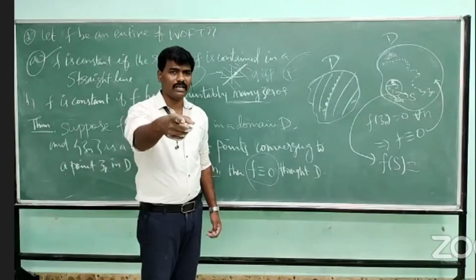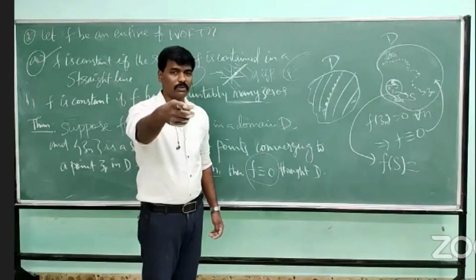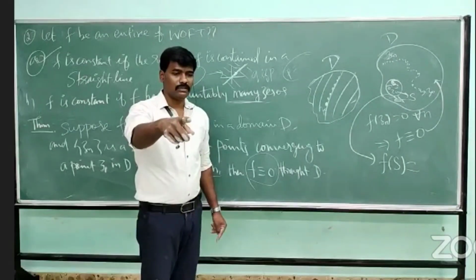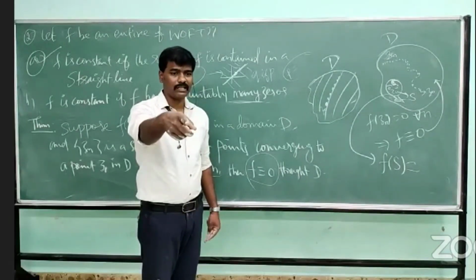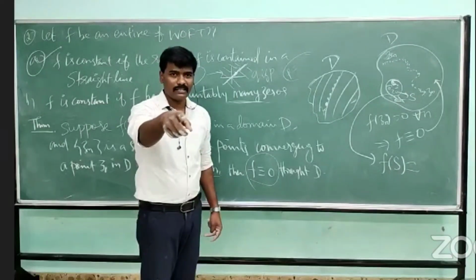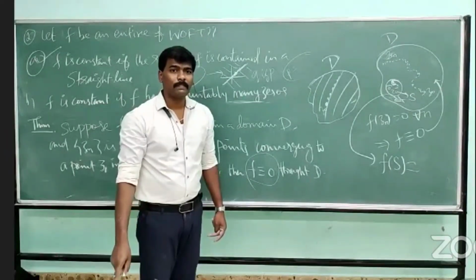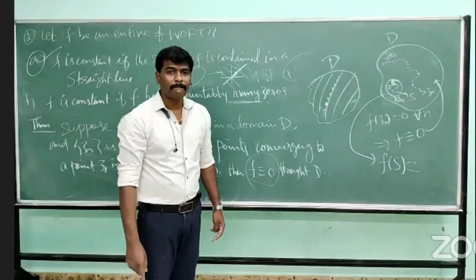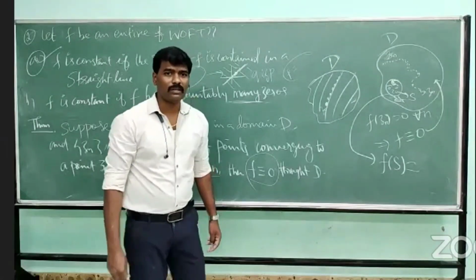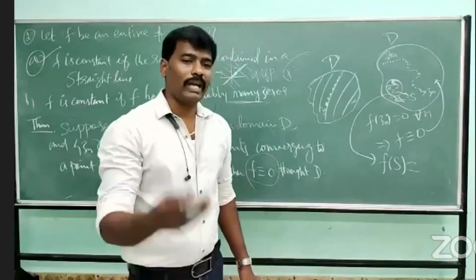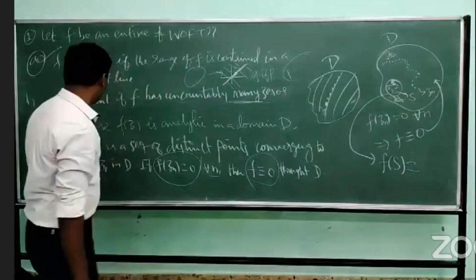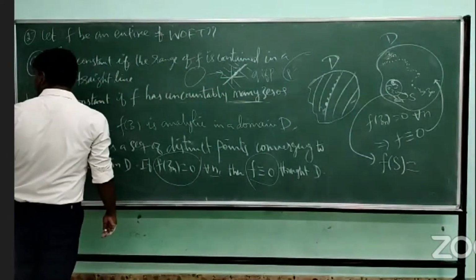Come on, Nakesh and Nisha said something. Very good, they understood very clearly. Why does the image vanish? We have the property, according to what the theorem says.